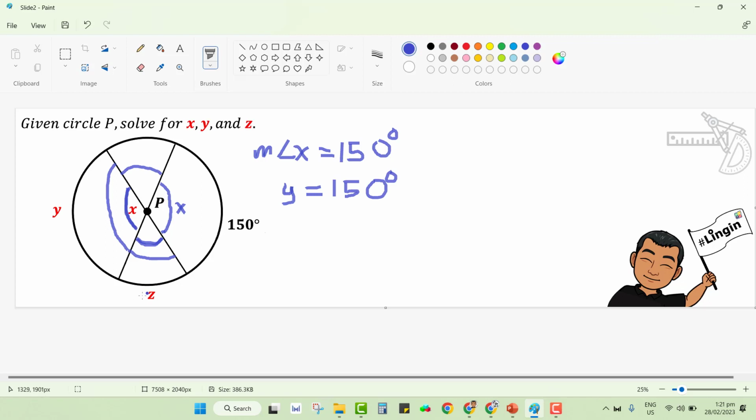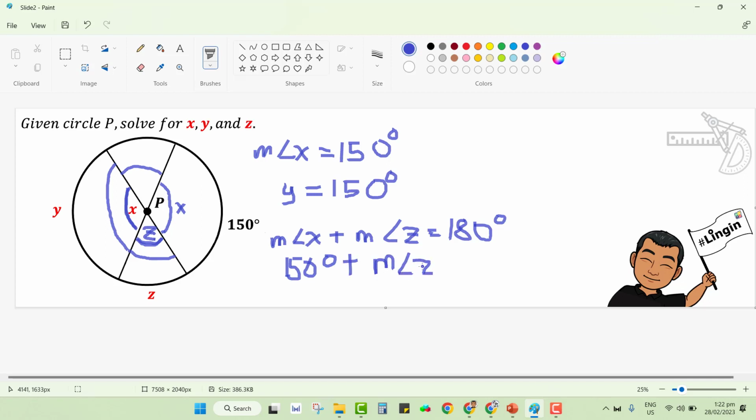And since this is an intercepted arc, and this is its central angle, and they are the same, I could just also label this as z. And I could make this symbolic notation that the measurement of angle x plus the measurement of angle z must be equal to 180 degrees.